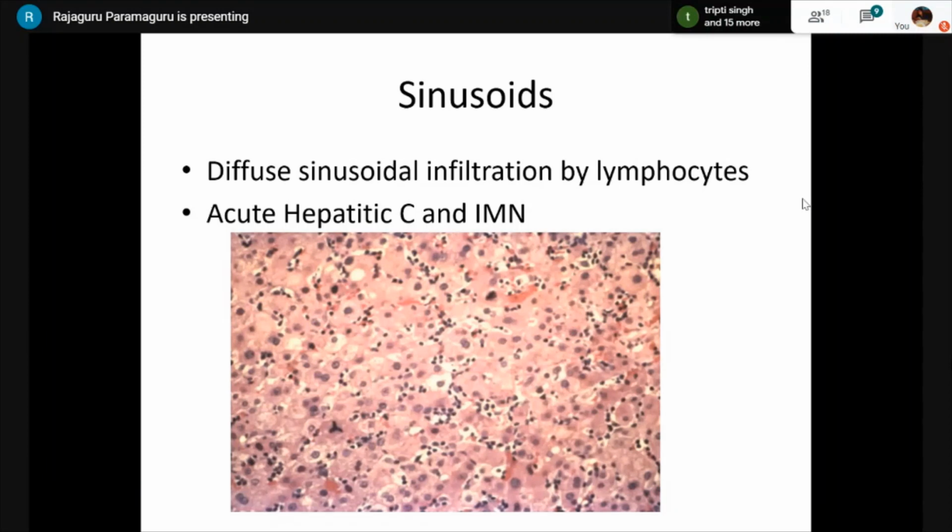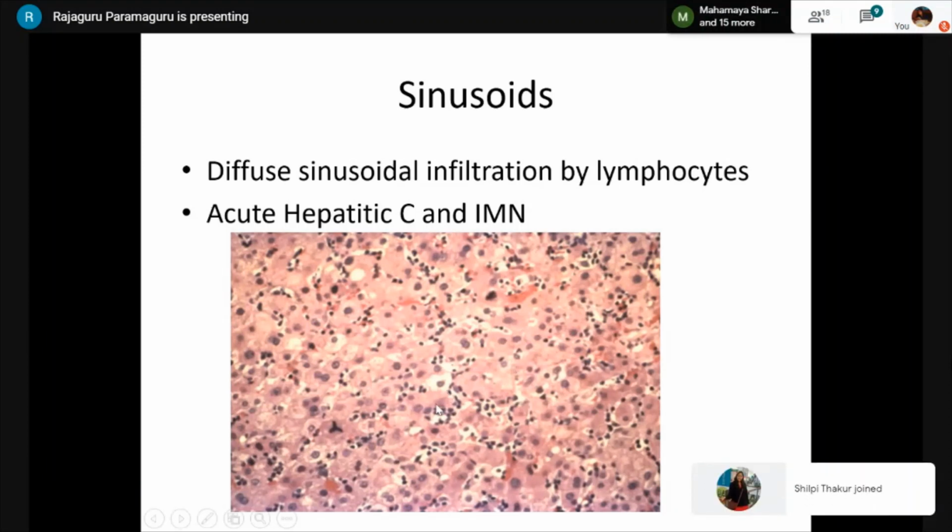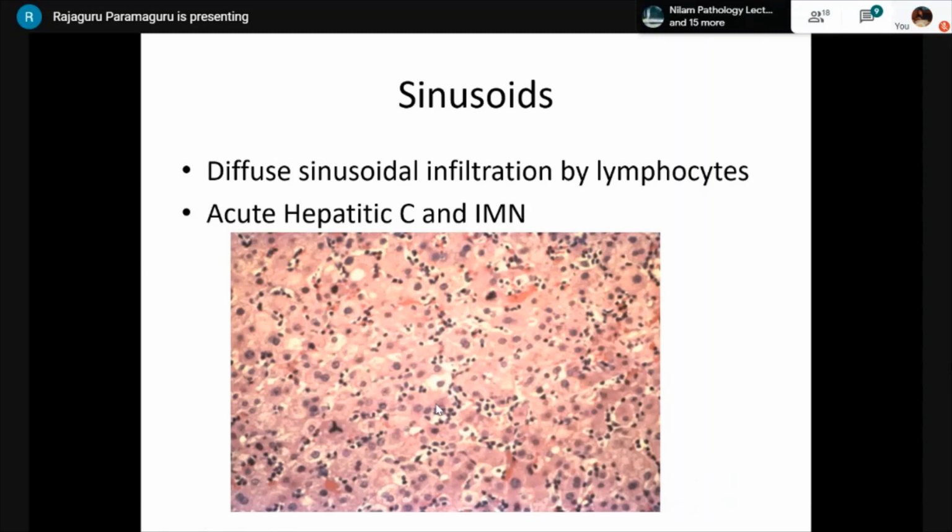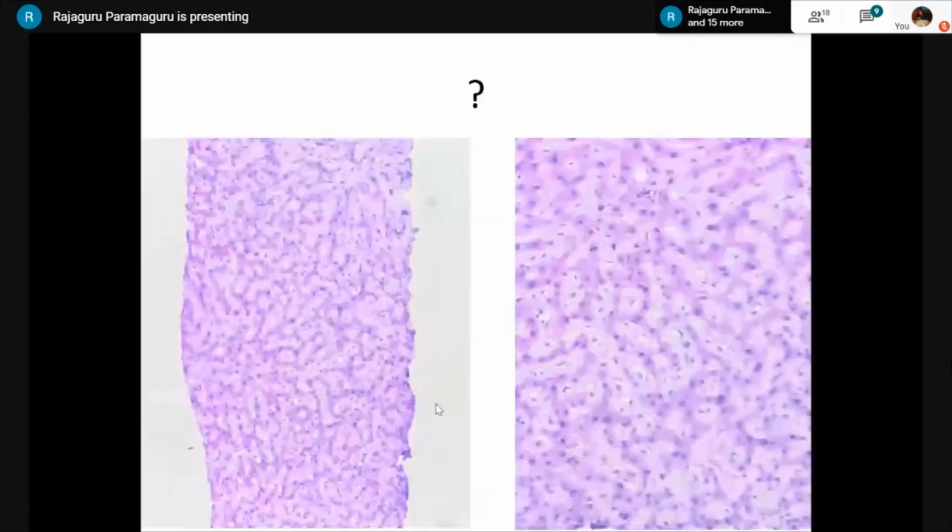Here in the sinusoids, if you see a lot of lymphocytes packed within the sinusoids, and they are not atypical, looking mature, not lymphoma-like, then you have to think of acute hepatitis C infection if the serology is positive, or infectious mononucleosis. If you don't have any other positive history, ask for history of EBV infection.